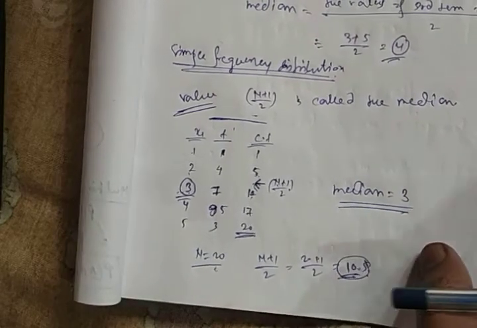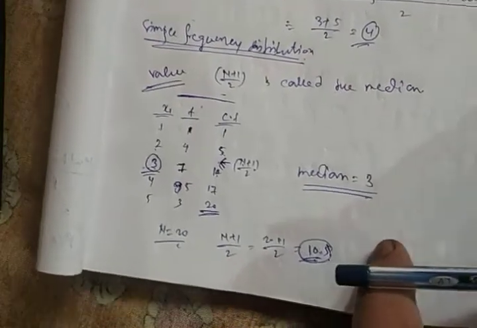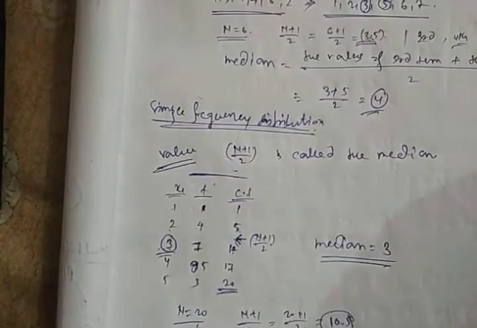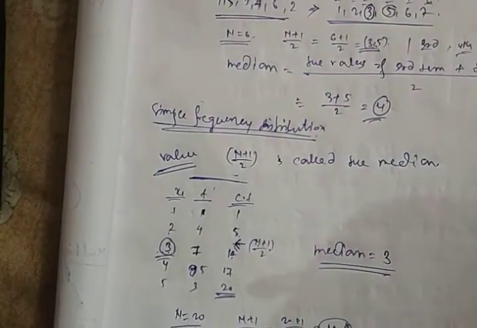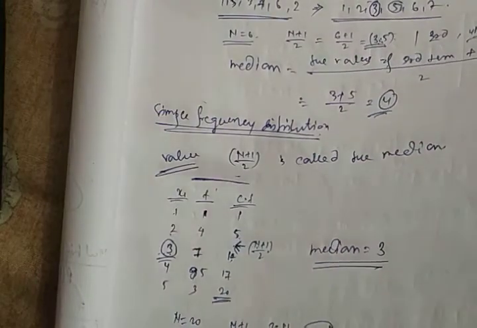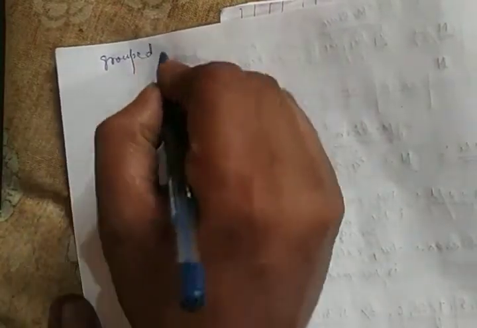Now the next part is the calculation of the median for a grouped frequency distribution.